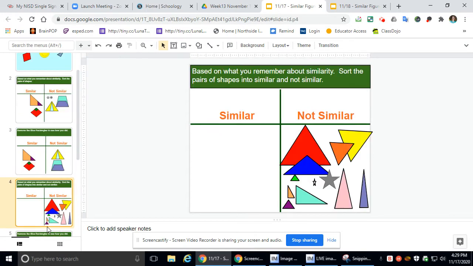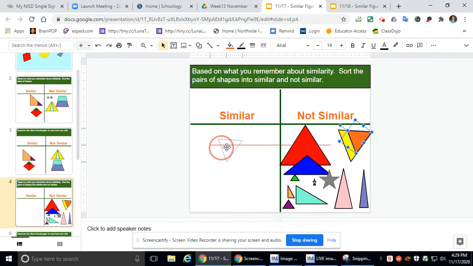The next one is asking us to take these figures and find the ones that are similar to each other. Okay, so I'm just going to start maneuvering these. I think maybe these two might be similar. Okay, they look similar. Yeah, I'm starting to think that these two are definitely similar to each other. So I'm going to go ahead and move these over to the similar side.